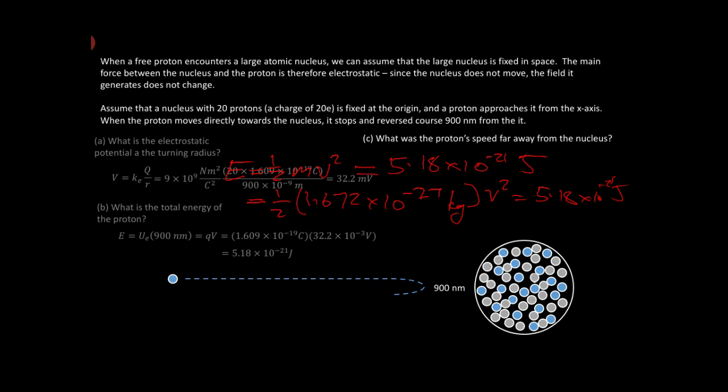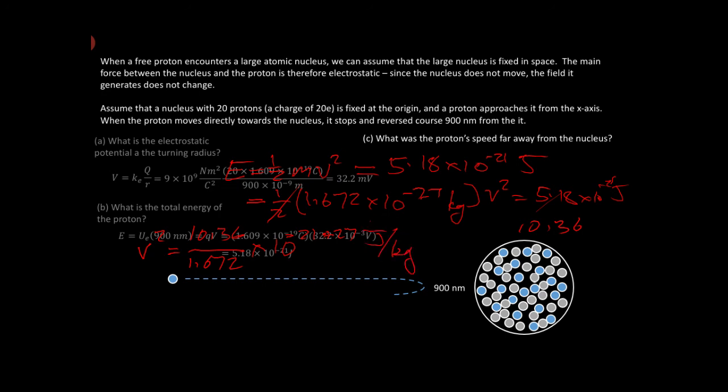Let me see. So I multiplied this by 2, that's 10.36 instead. Then I divide by this 1.672, so we have 10.36 over 1.672 times 10 to the minus 21 plus 27 joules per kilogram.